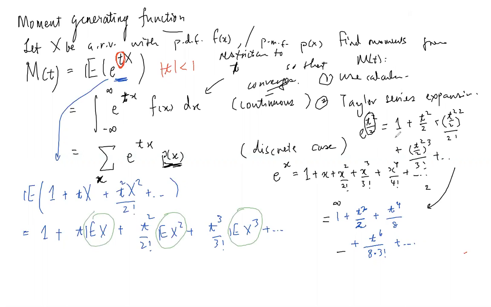So from here, you basically can just read off. If you read off, this part is your term here, and it's multiplied by 1. So you know that your expectation of x squared is 1. Okay? And so on and so forth.